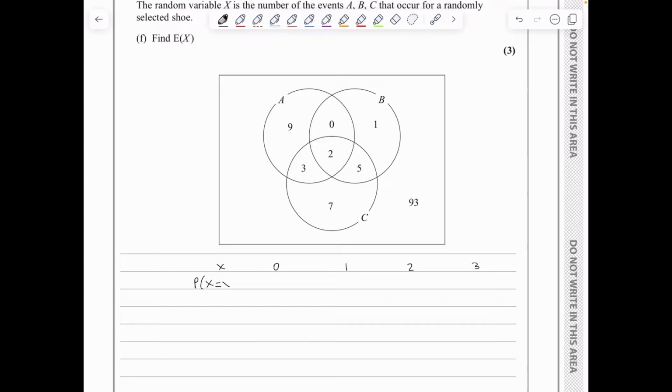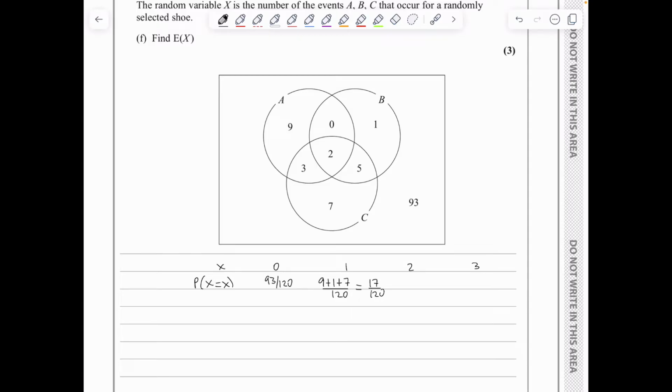So the probability that X is 0 is simply the 93 over 120. The probability that X is 1 is the 9 plus 1 plus 7 over 120, which gives an answer of 17 over 120.